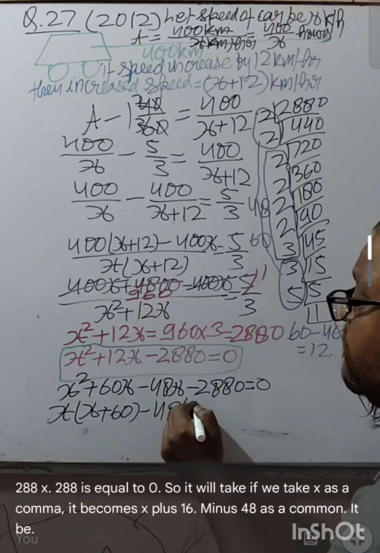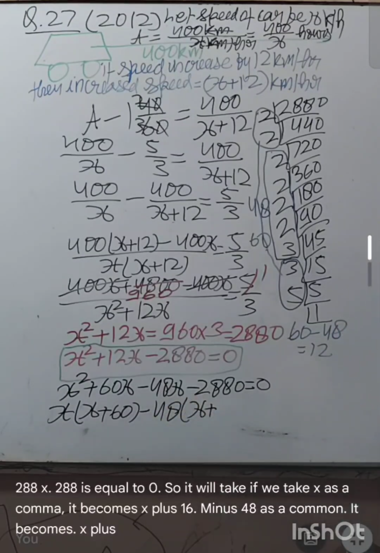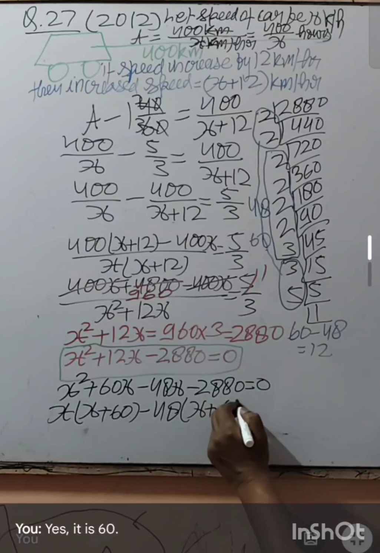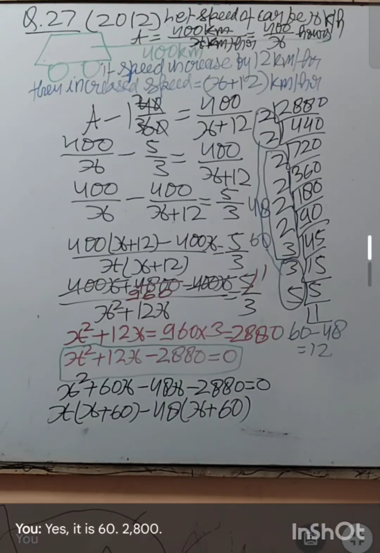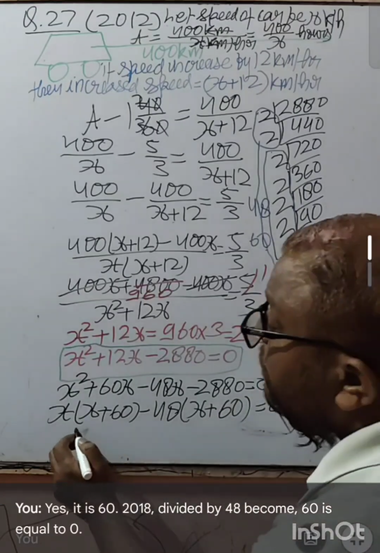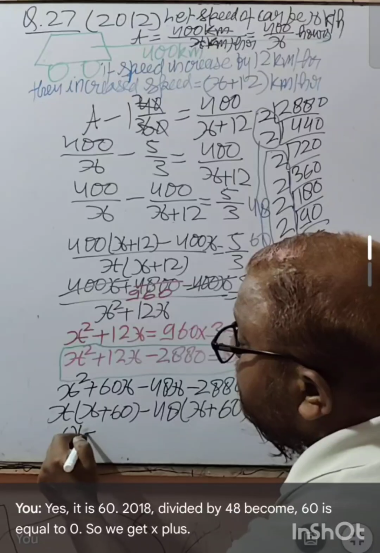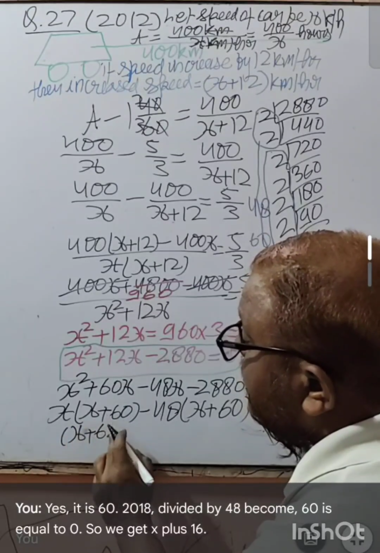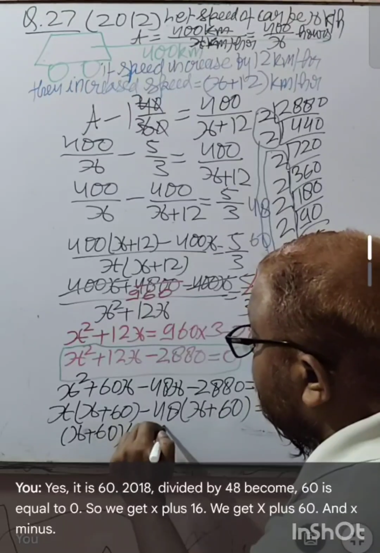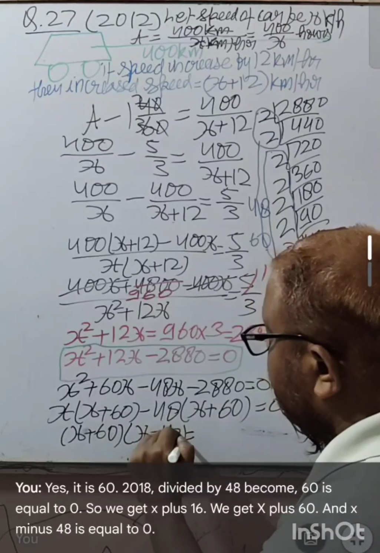It becomes x plus 60, yes, it is 60. 2880 divided by 48 becomes 60 is equal to 0. So we get x plus 60 and x minus 48 is equal to 0.